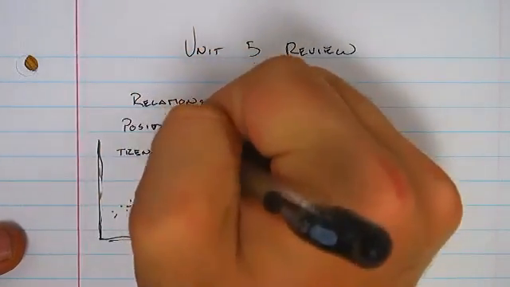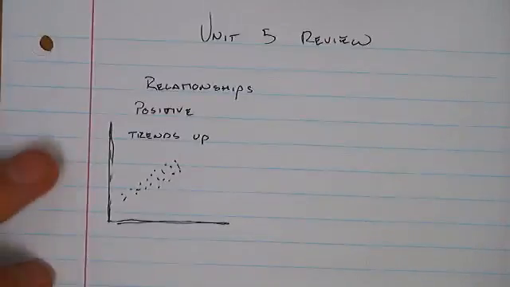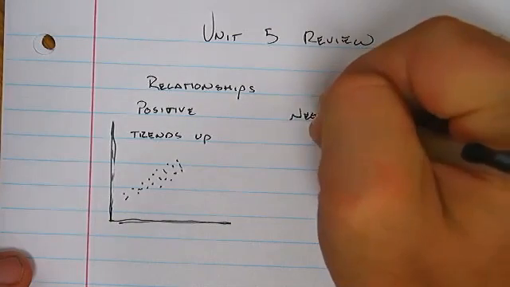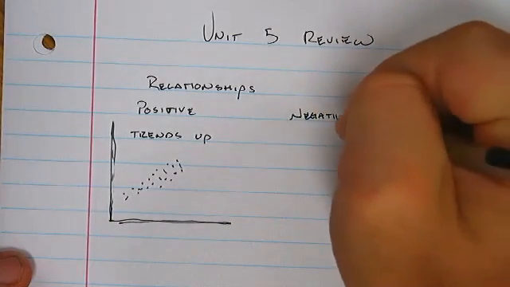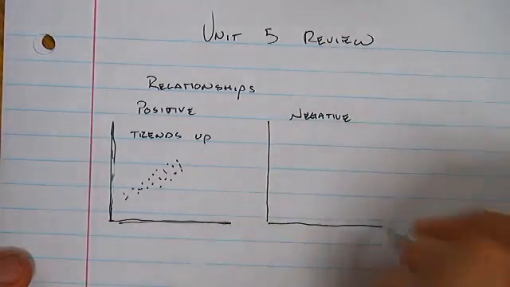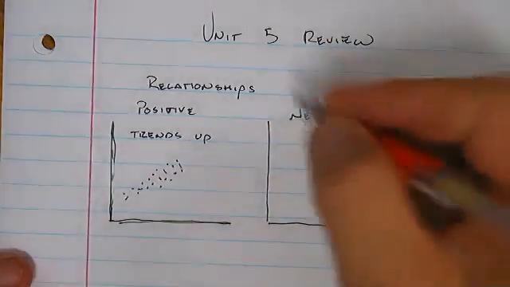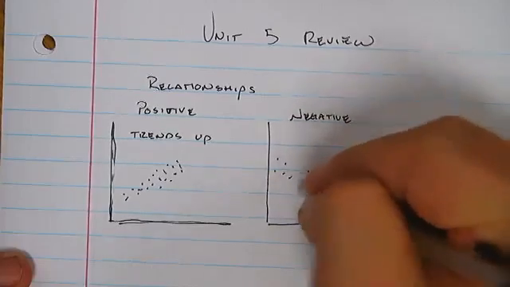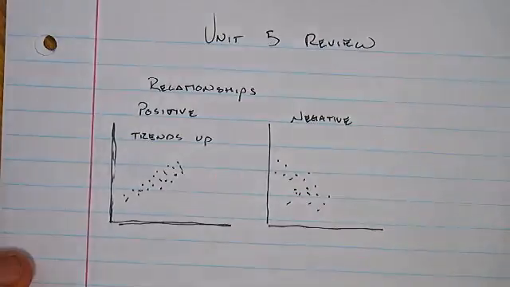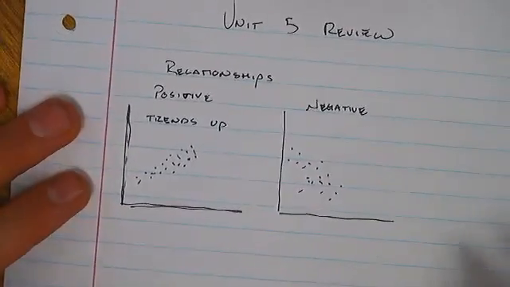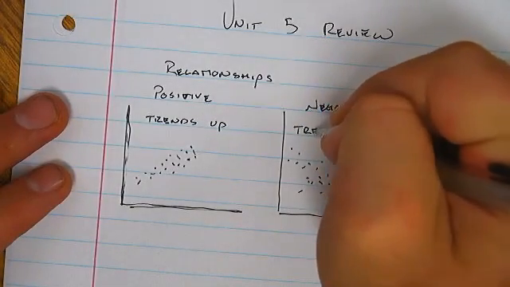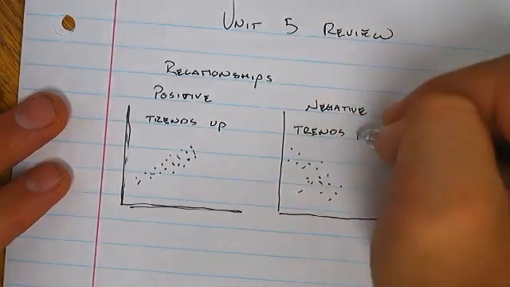That's a positive relationship. The next one would be a negative relationship. Just like positive, there is a trend here. For the negative, it's going to trend down. We have some data points that might not quite fit the description, and that's okay. But for the most part, the majority trends down.